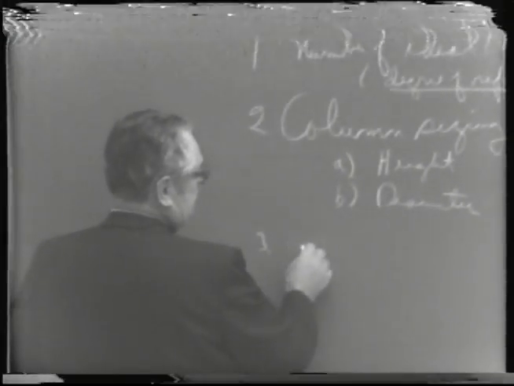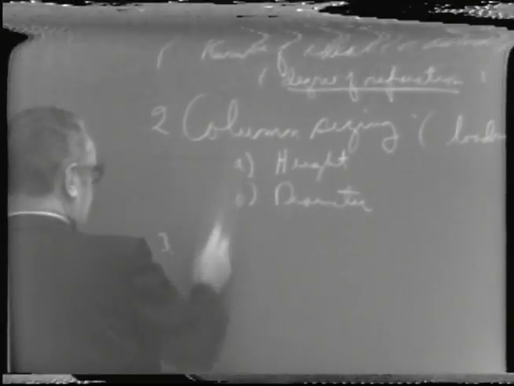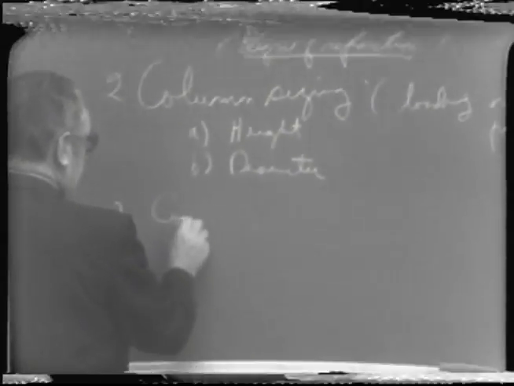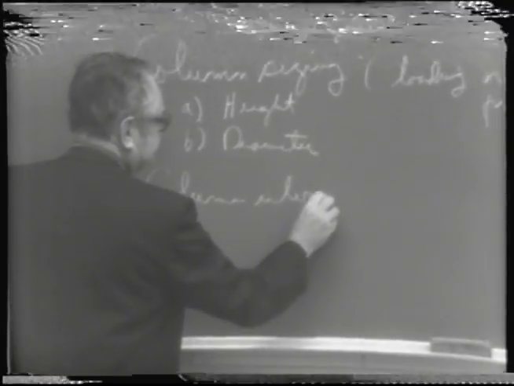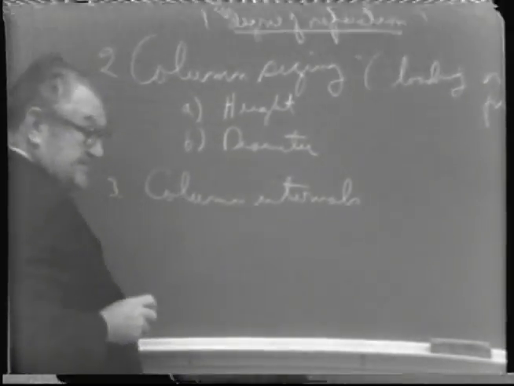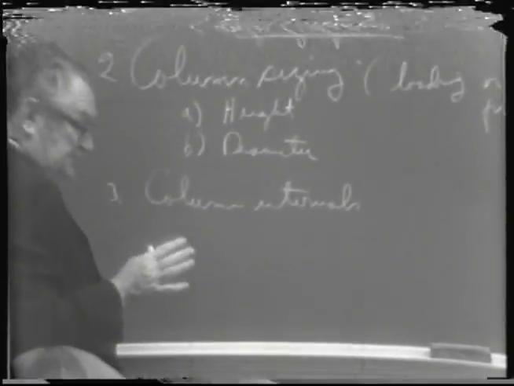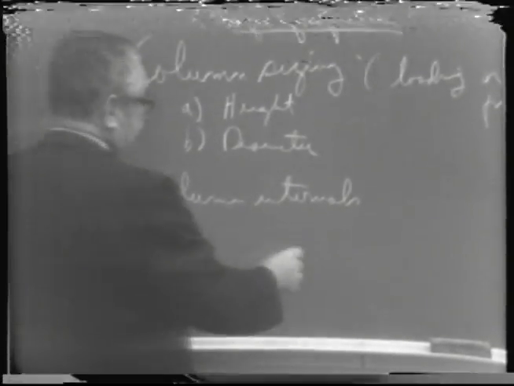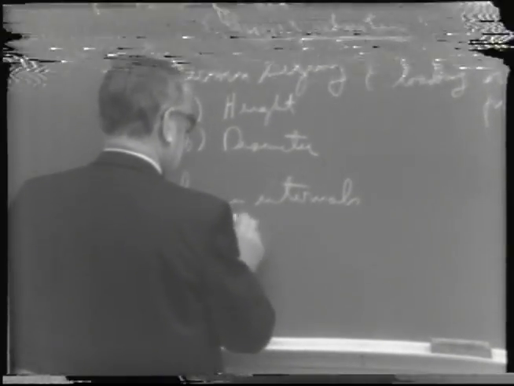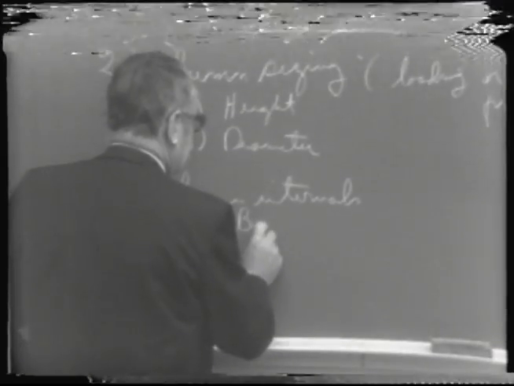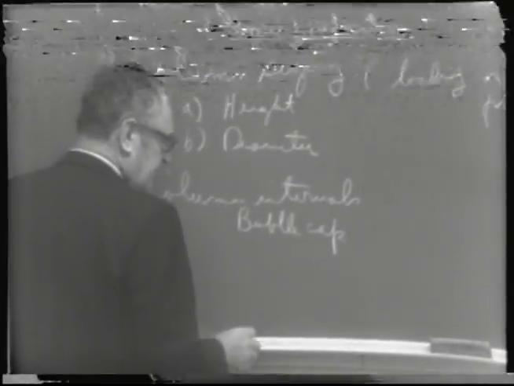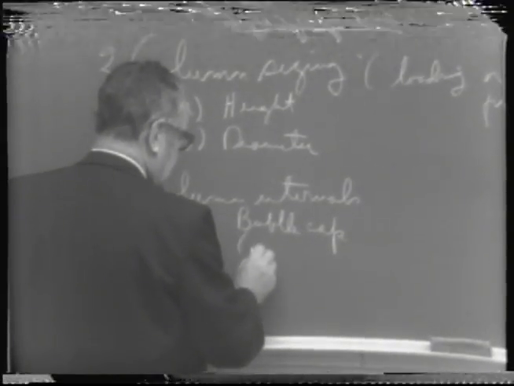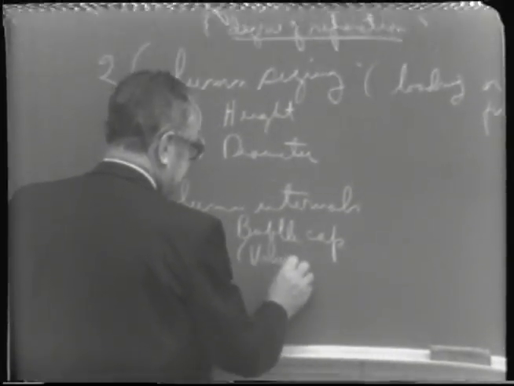Now we could discuss column internals. In other words, the type, bubble caps or trays, what to use. For example, the trays can be bubble cap, or more popular now, a variation of that called valve trays.